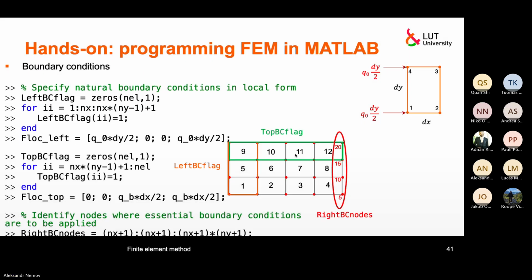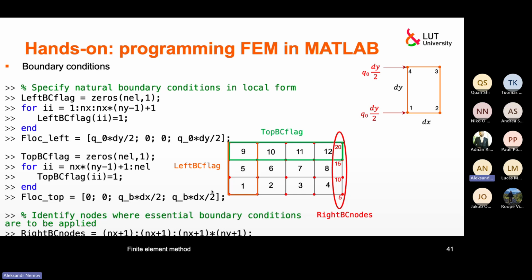Okay, so then let's put it into our code. The way I did it, this is our boundary conditions as we described, and we need to apply them to these left-hand side nodes. First, in quite a straightforward way, I made those flags which indicate where I apply these left-hand side boundary conditions and for which nodes or elements I apply this top boundary condition.